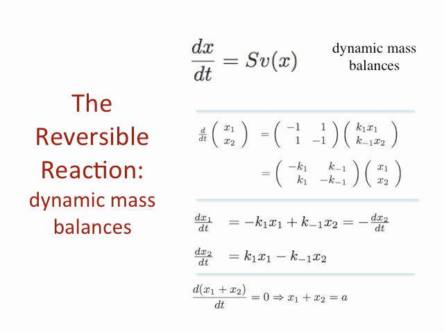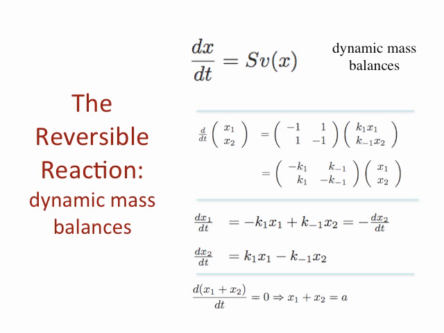What I'm noting in this block of the slide showing these two equations is that dx1/dt is equal to the negative of dx2/dt. And this is, of course, because every time x1 reacts, x2 is formed. Therefore, these two derivatives are the same and tied together.